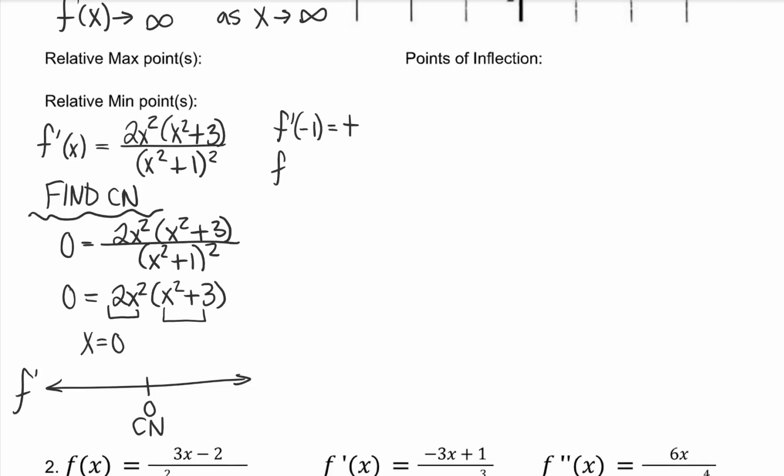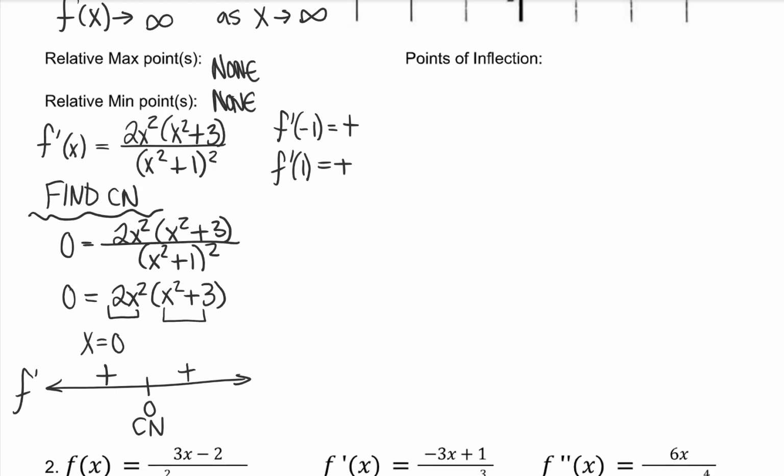And then f prime of positive 1. Yeah, all of these x's are being squared, and then everything's being added. So yes, this is all positive. Both of these intervals are increasing. So does x equals 0, this critical number, give us a max or min, a relative extrema? No, it does not. So there are no relative extrema.